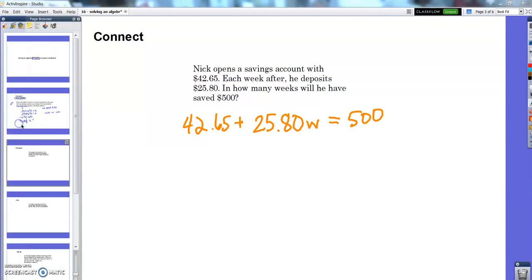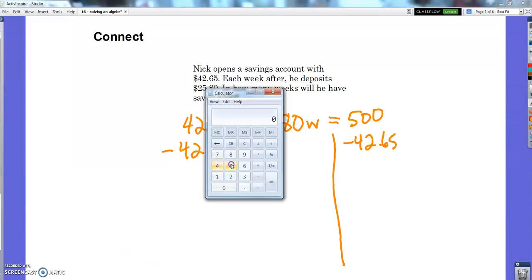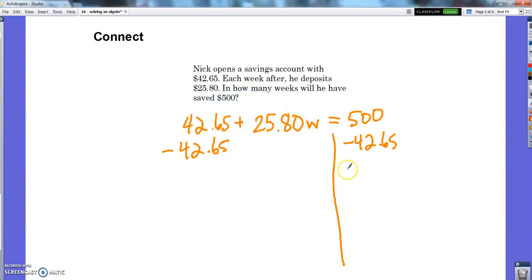I want my calculator for this. So using the inverse operation strategy, I would subtract 25. Oh, no, I'm looking at it backwards. I'm sorry. I would subtract 42.65 from both sides, because he's already got that saved. And that would tell me 500 minus 42.65 is $457.35 to go.